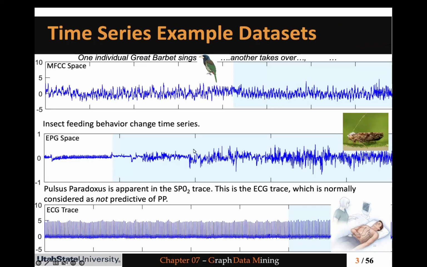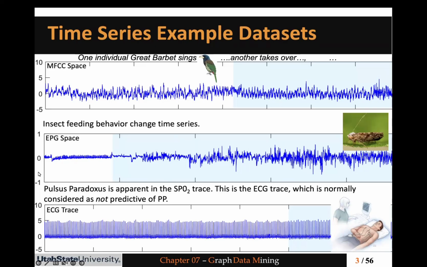The second example is the middle one, and that's also a time series from nature. Here there is a sensor plugged on top of some insects, and they would like to see what the behavior of that insect is while it's emitting some signal in EPG space. The blue highlighted area is significant of insect feeding behavior.